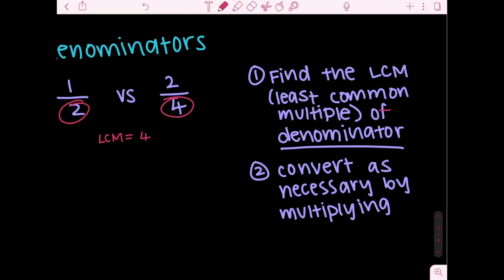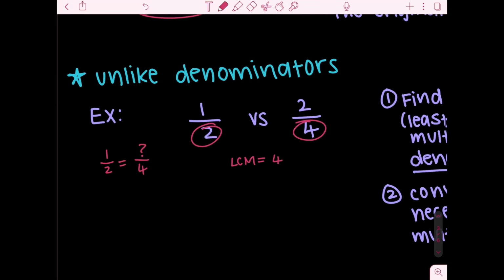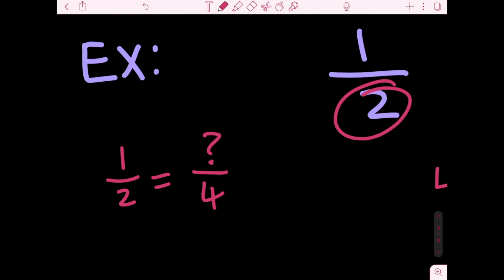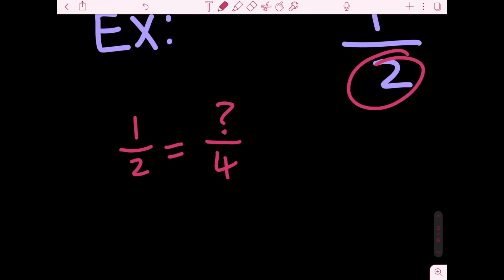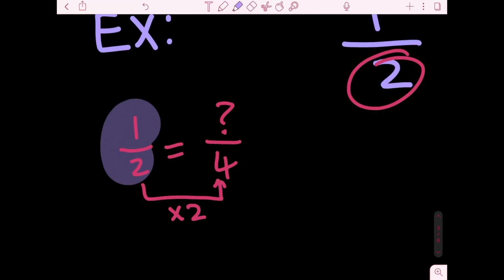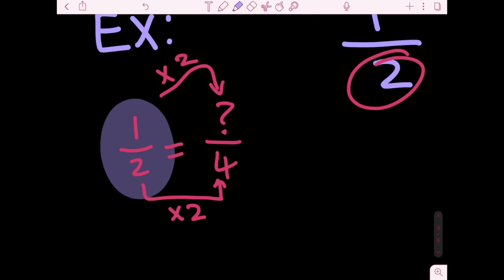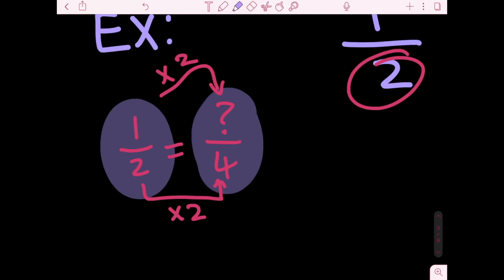Okay, our step 2 is to convert as necessary by multiplying. So this is the conversion part. Now we can see that 2 goes into 4 2 times. So we're basically multiplying this fraction by 2 in order to get this fraction.